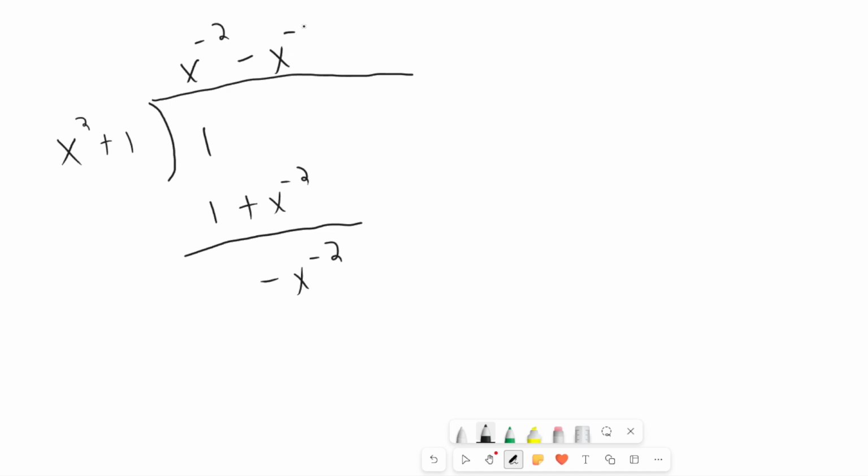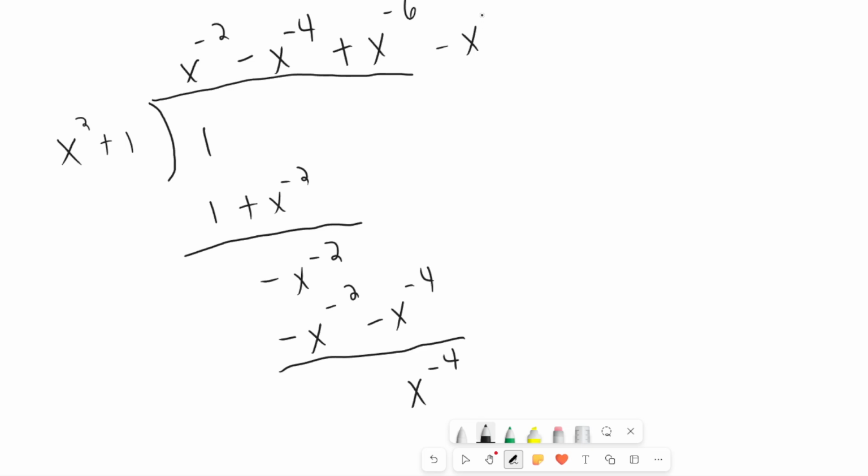Negative x to the negative 4 times. Multiplying it, we get negative x to the negative 2 minus x to the negative 4. Again, subtracting, all we'll end up with is x to the negative 4. And now you can see the pattern. This is going to be plus x to the negative 6th minus x to the negative 8th.